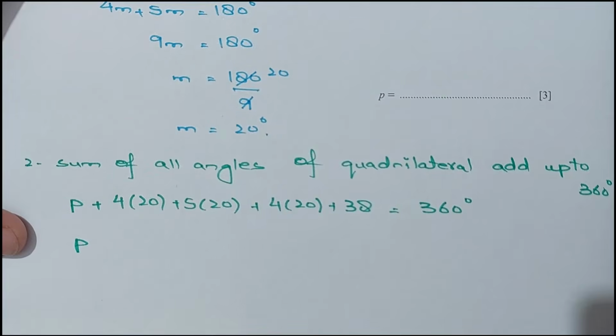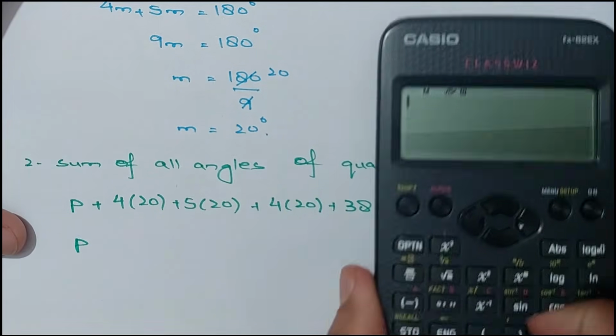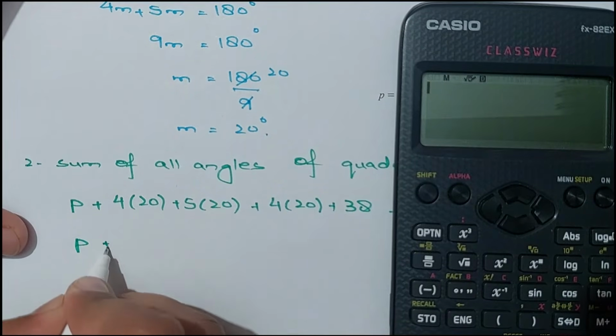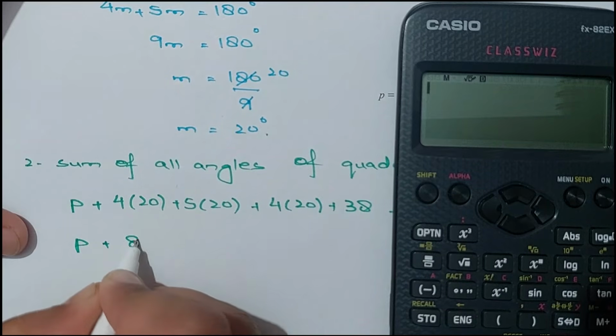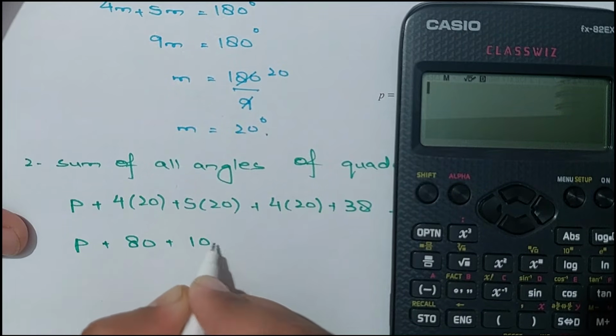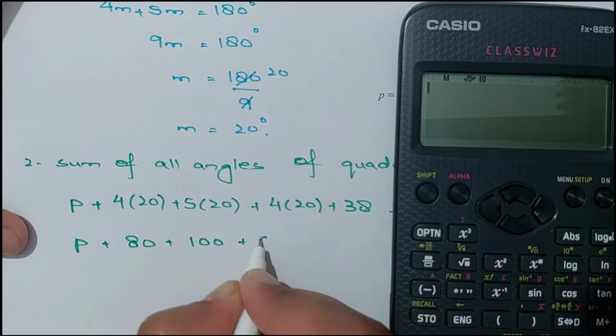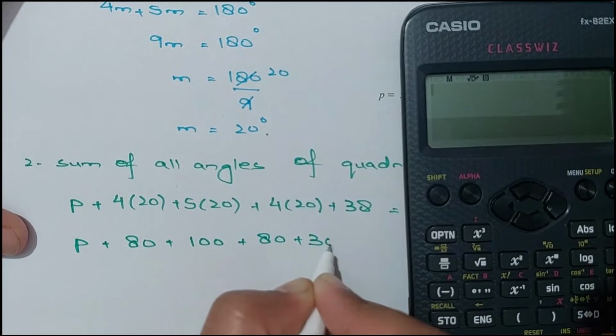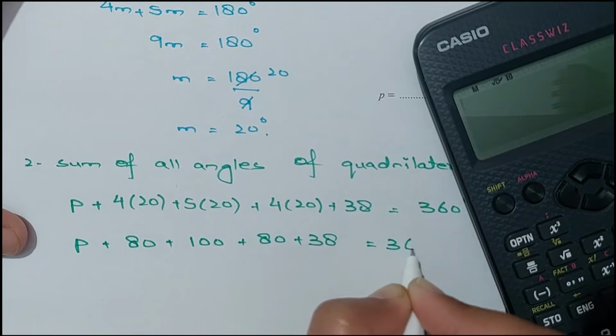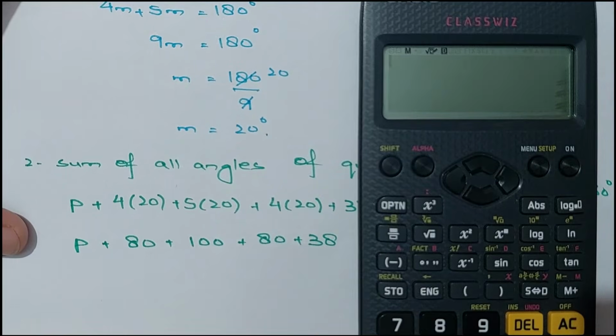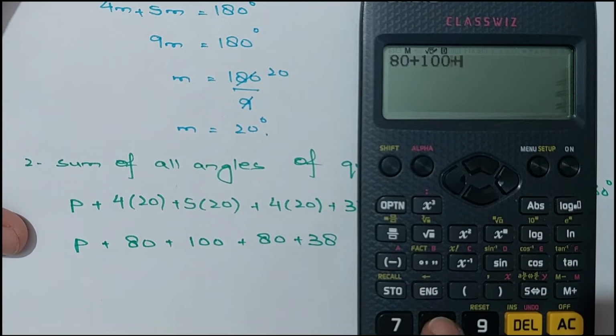This is P. Let me simplify all of them. 4 times 20 is 80, 5 times 20 is 100, 4 times 20 is 80, plus 38. This is 360. Okay, this is 80 plus 100 plus 80 plus 38.